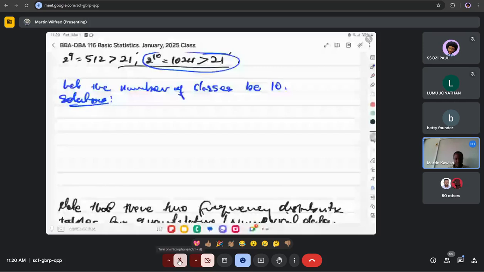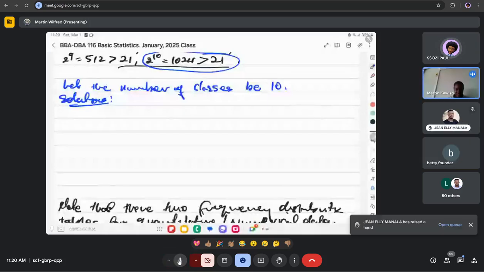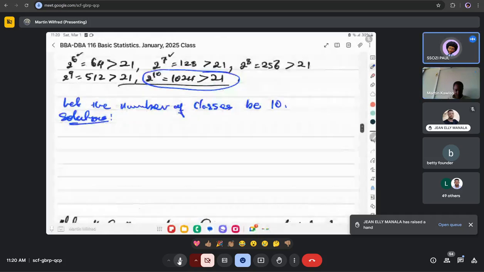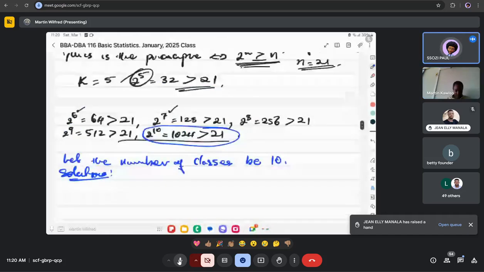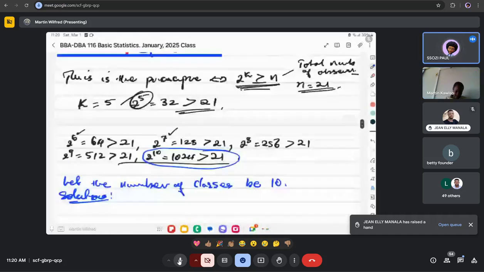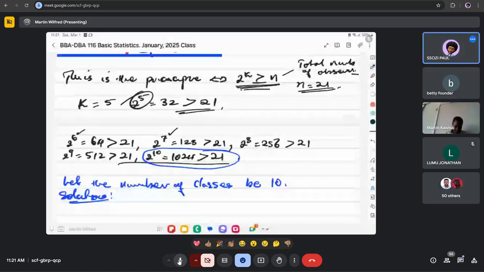Yes. Five, from 2 to power 5. Okay. We have said the number of classes are given to you by the examiner, or if it's a research, then you'll get your scale.